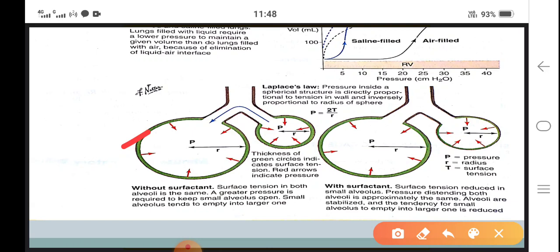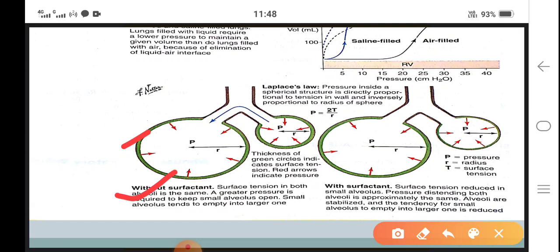Surfactant and its effects on the surface tension. Surfactant is a surface active agent in water, which means that it greatly reduces the surface tension of the water.